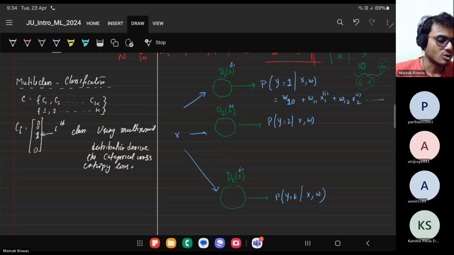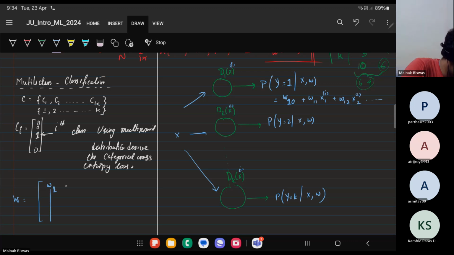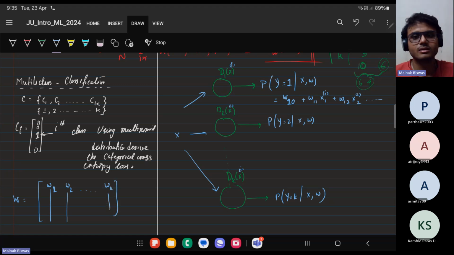Now W becomes a matrix instead of a vector. What is W? I have k classes.